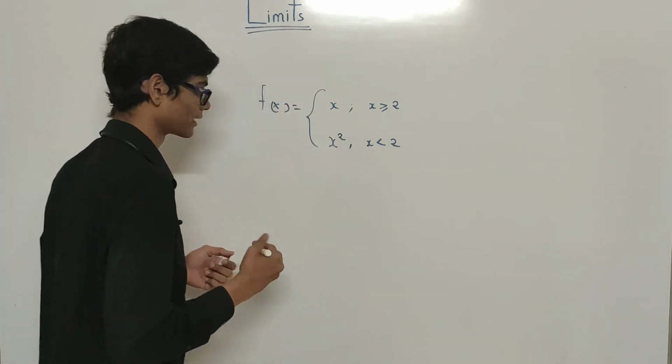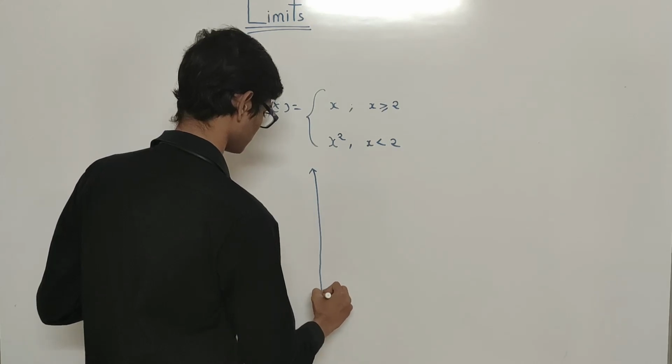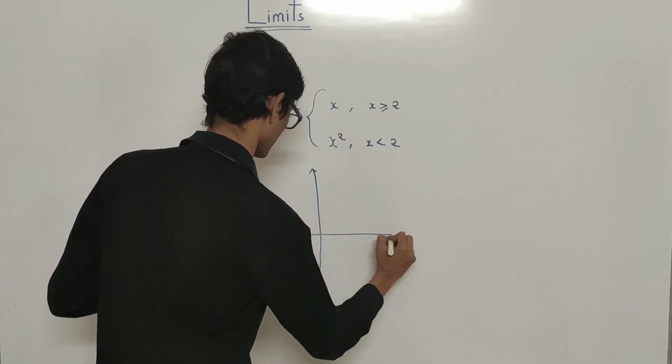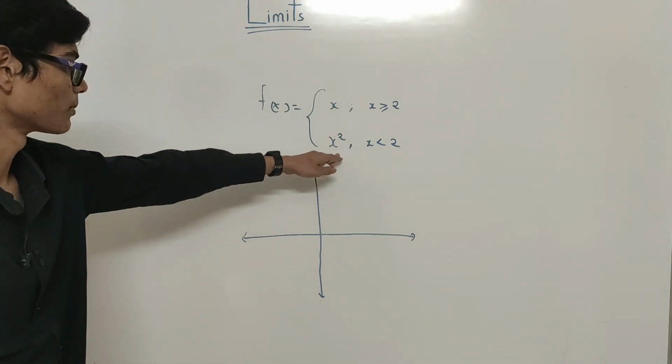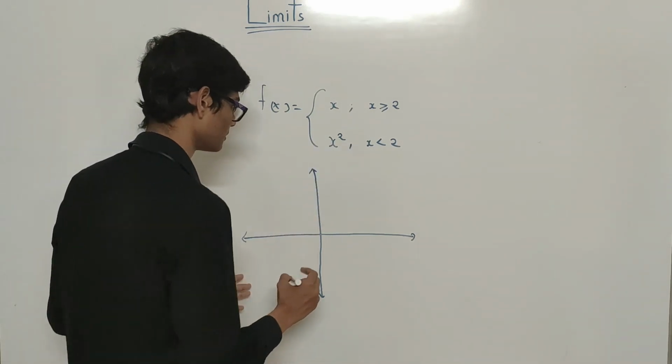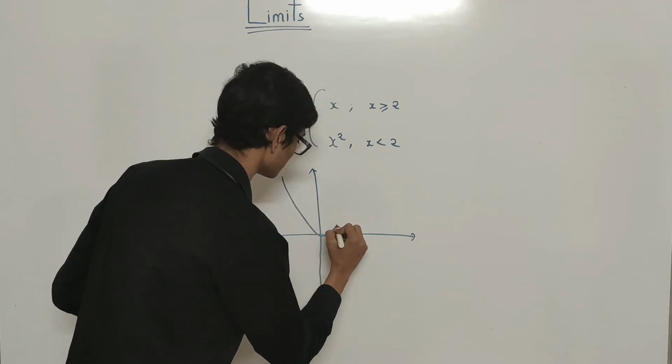So now I am going to graph this function. See, for x less than 2, the function is a parabola, x square. So it will go like this.